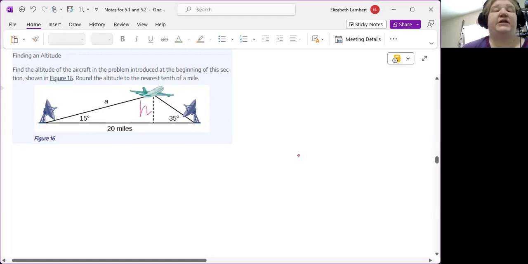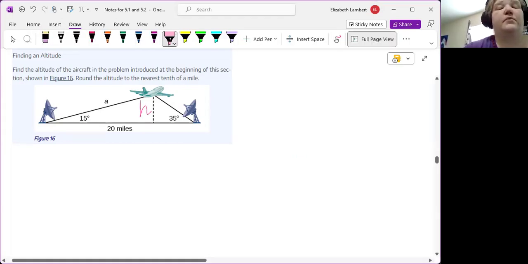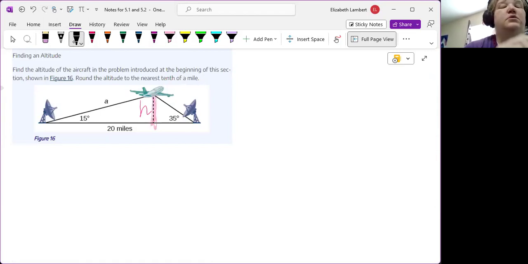So I'm going to put an H on the figure there. We can go ahead and highlight it too. Okay. So in order to solve for this height, I either need one of these diagonal sides or I need to know the split up of the 20 miles.